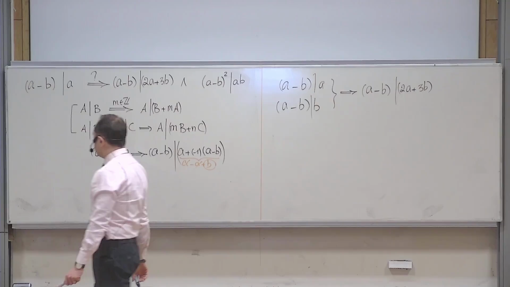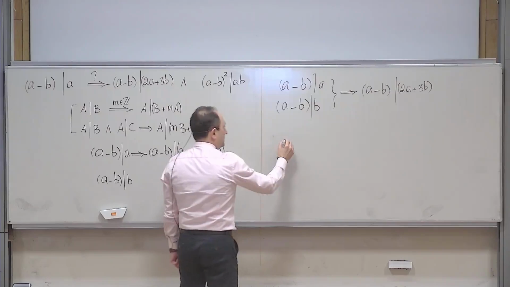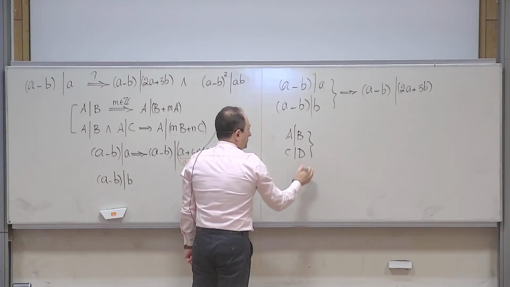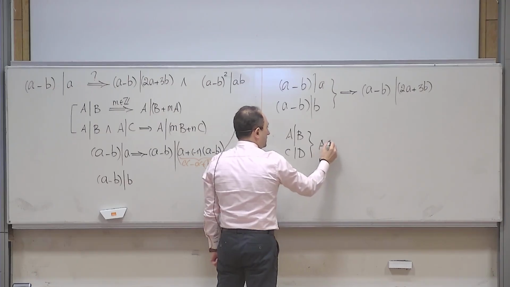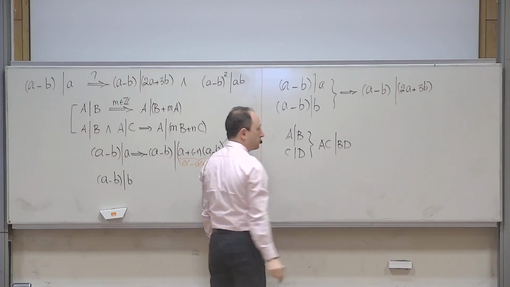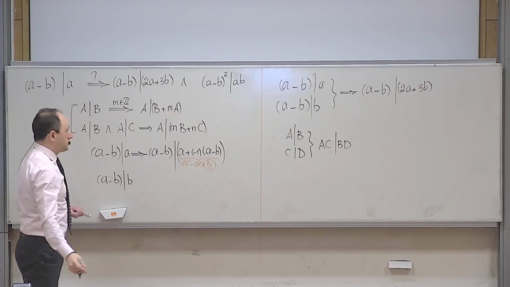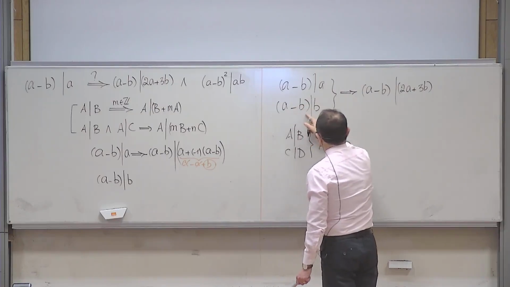And the proof of the second one is another theorem we had in the previous lectures. If you give me two divisibility relations, I can multiply them side by side. So a times c also divides b times d. Now that is the case, because a minus b divides a and a minus b divides b.